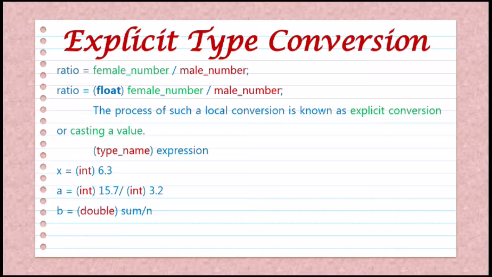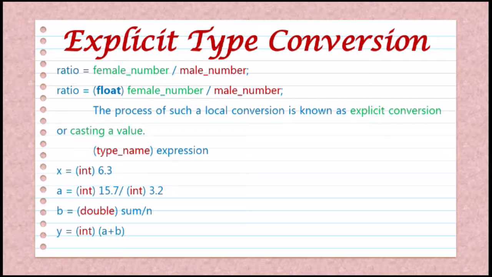Next, b equal to, in brackets, double sum divided by n. So in this example, first sum is converted into double data type, and then that value will be divided by n, and whatever the answer will be, it will be stored in b.